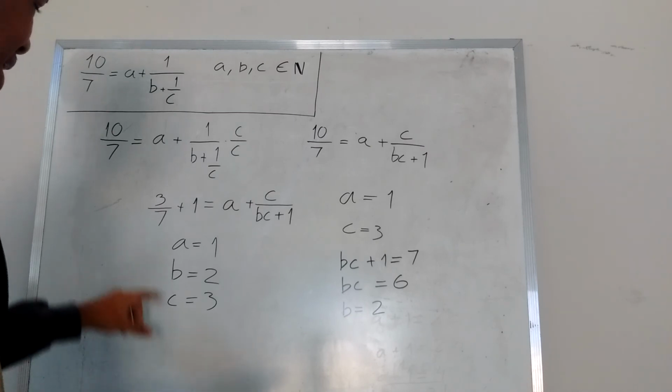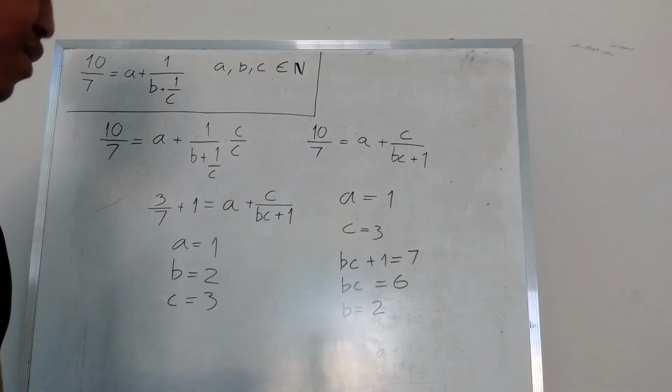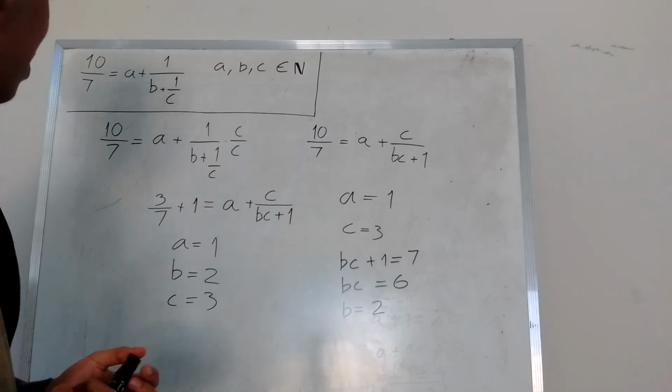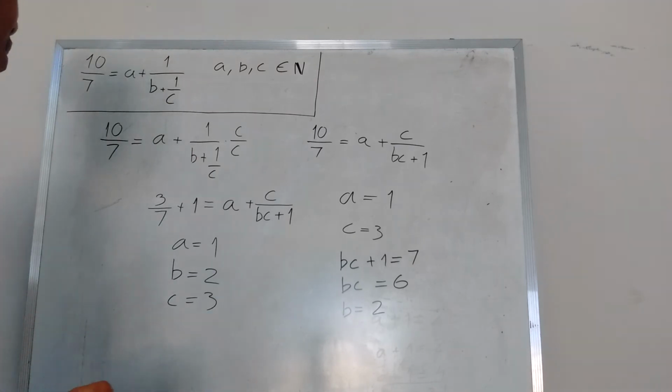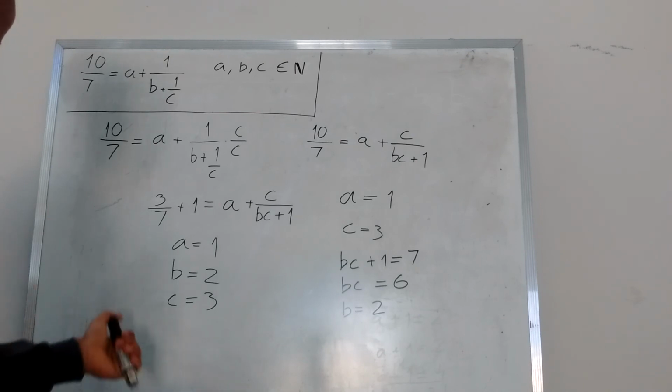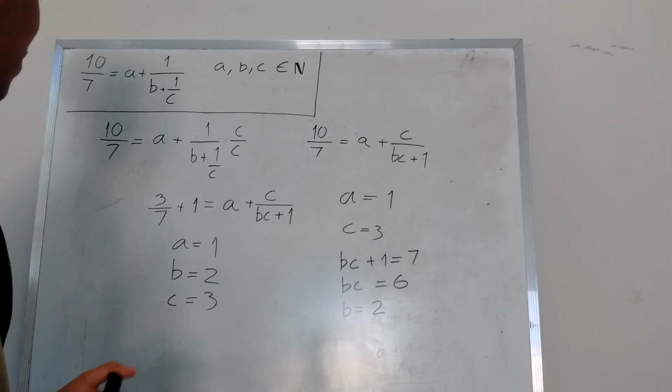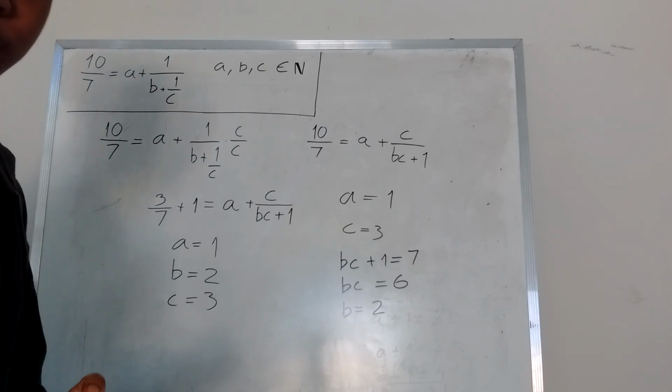And when you have a test and A is equal to 1, B is equal to 2, and C is equal to 3, it scares you a little bit. But it surprisingly isn't. It's actually kind of simple, and that's the fun of it. So yeah, that's it.